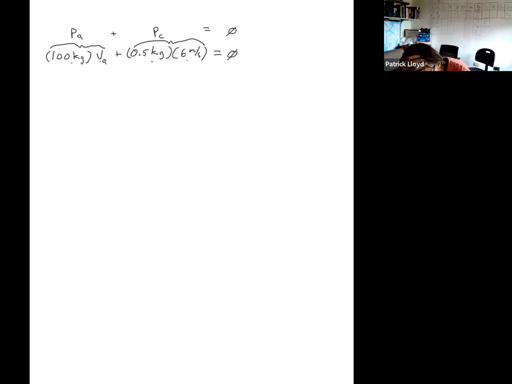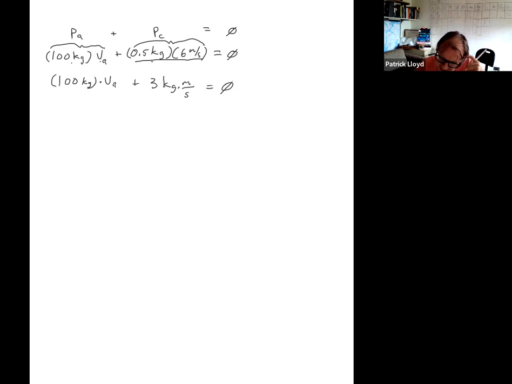This number right here, 0.5 times 6, this is 3 kilogram meters per second. I just did the arithmetic in my head. 0.5 times 6 is the same as a half times 6, which is the same as 6 divided by 2, which is the same as 3. But we have this other term here for the astronaut, 100 kilograms times the speed of the astronaut.